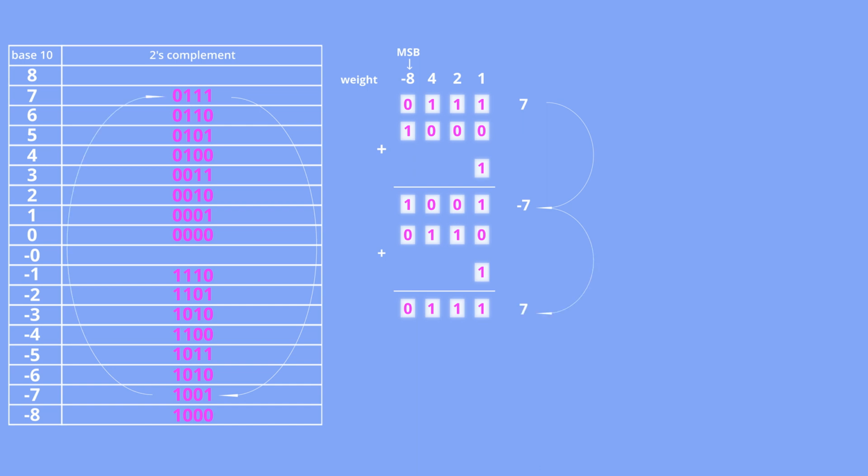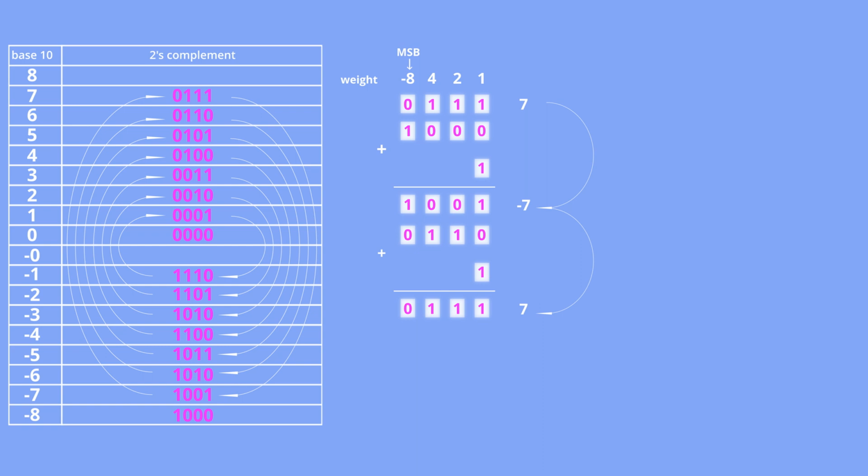And again, the repeated procedure returns us to the initial number. This is true for all numbers except 0 and the minimal number, because these two numbers have no counterparts. We have no negative 0 and positive 8 in the 4 bits representation.